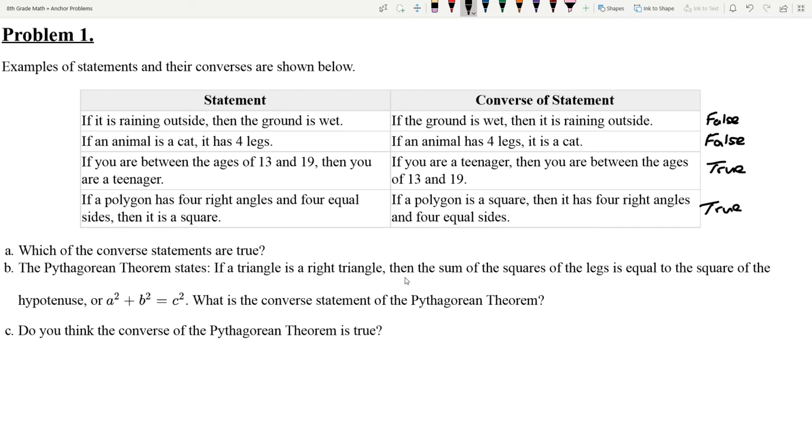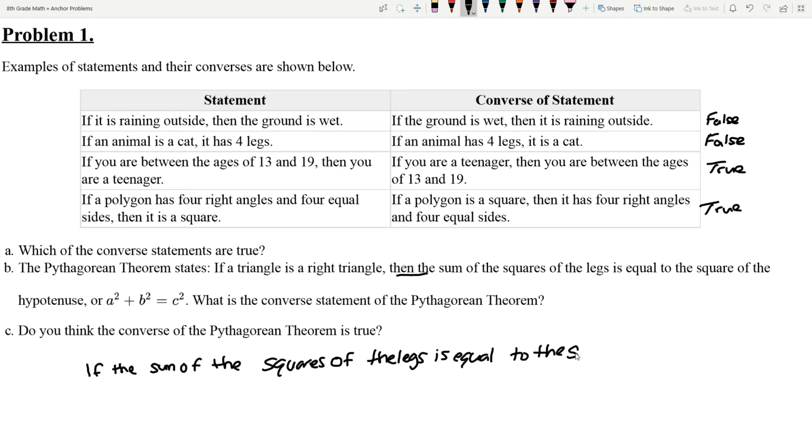basically look at the then, and that's going to be the first part of our statement. If the sum of the squares of the legs is equal to the square of the hypotenuse.